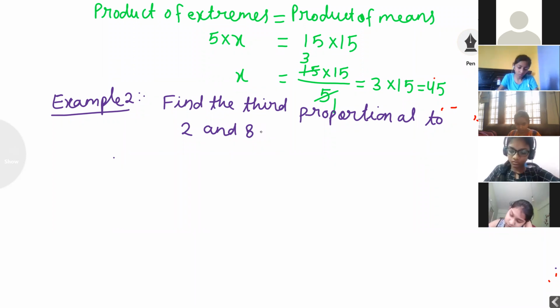Follow proper steps. Don't write shortcuts. I don't want shortcuts, I want proper steps, because in mathematics there is step marking.